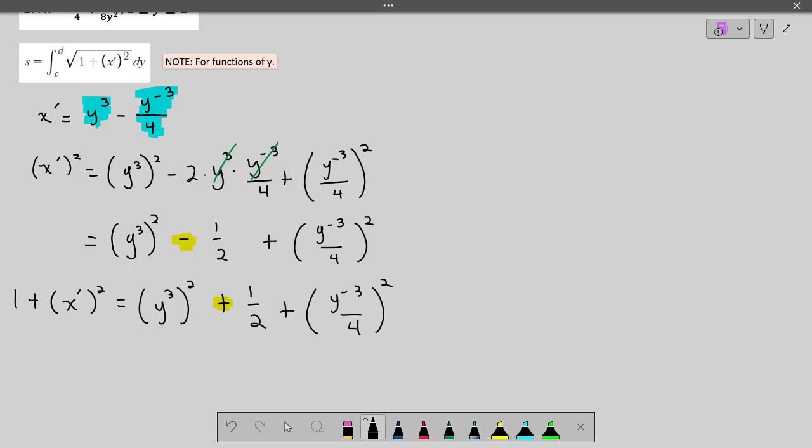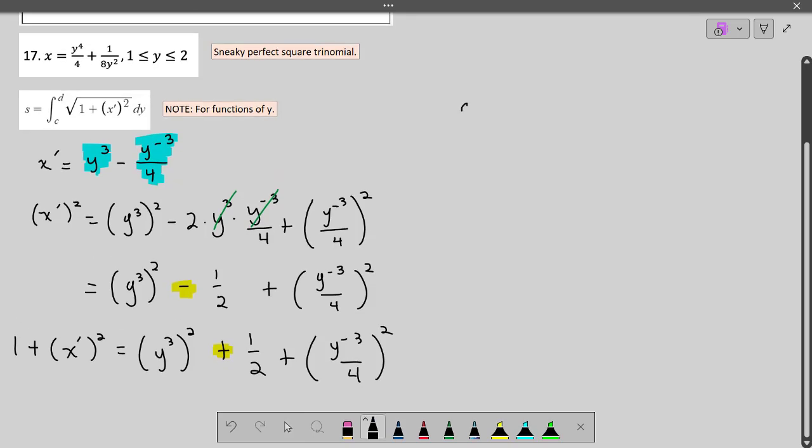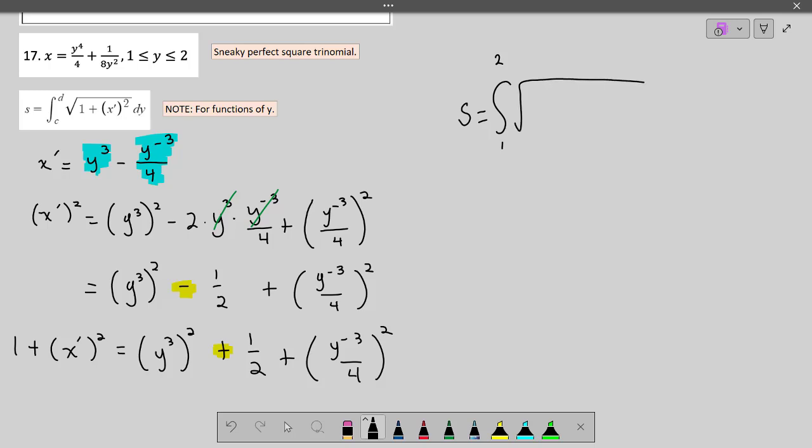So now we can integrate from y equals 1 to 2. We're going to take the square root of this thing down here. We know it's going to factor into a plus b, quantity squared.